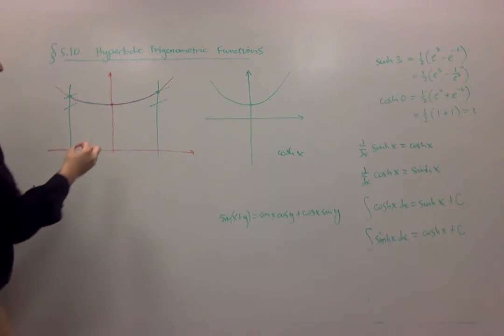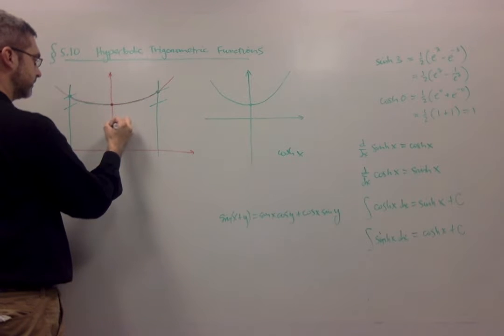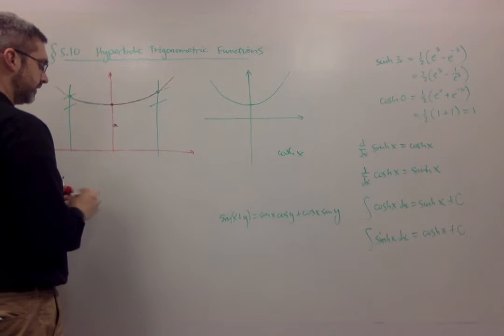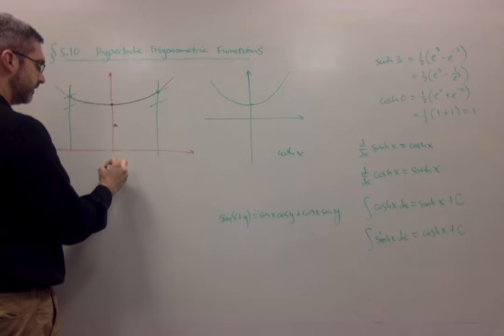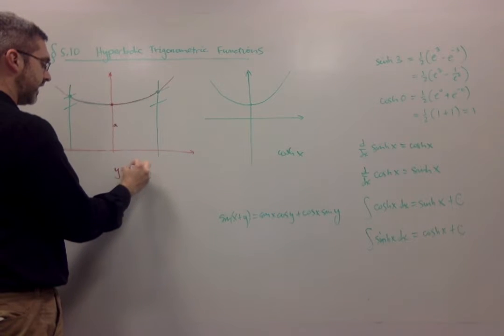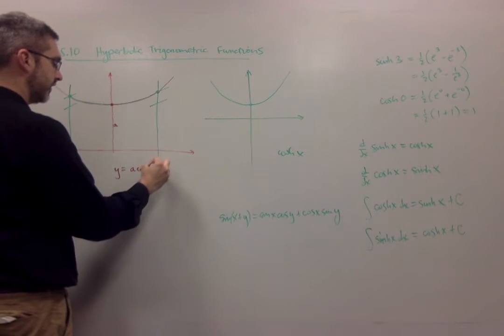Now it depends on the height right here at the lowest point. But the equation here turns out to be a cosh of x over a.